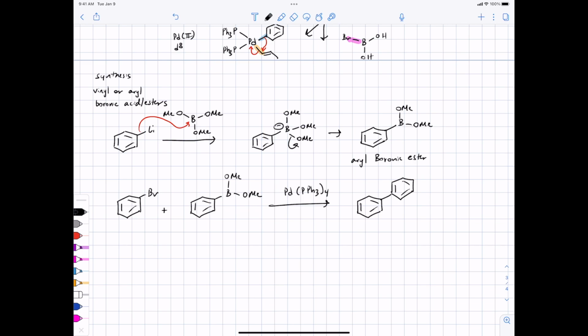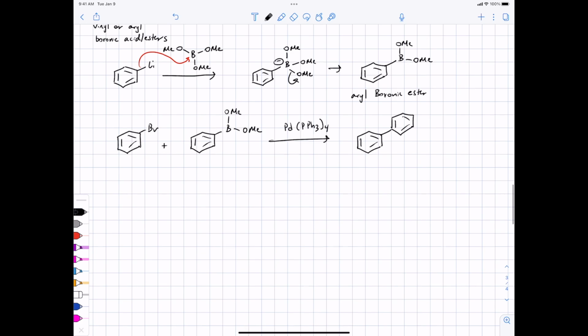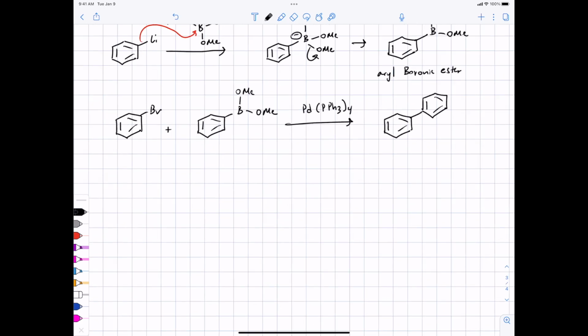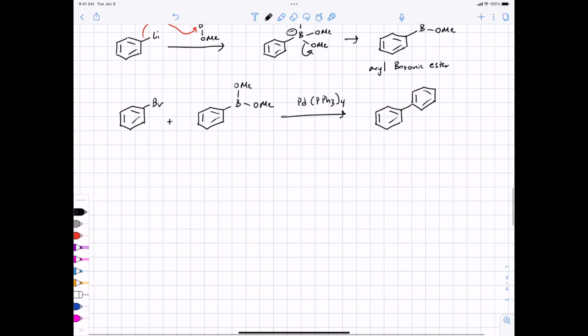And then another option for making a vinyl boronic ester is hydroboration of alkynes.